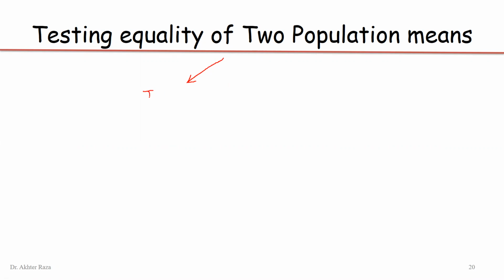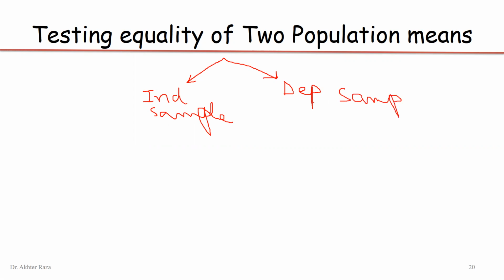So we call it independent samples. Or the second case is we have dependent samples. These are the two broad categories.